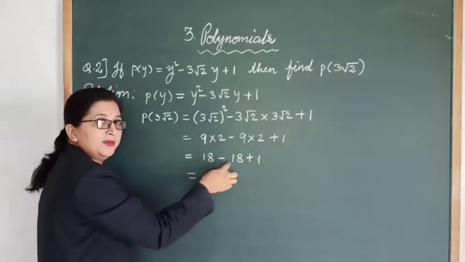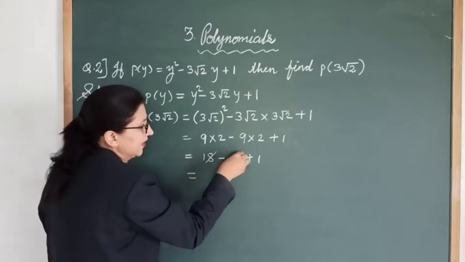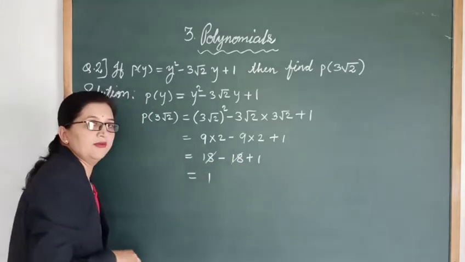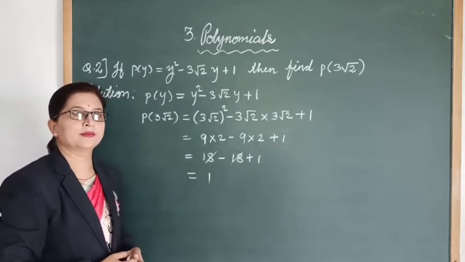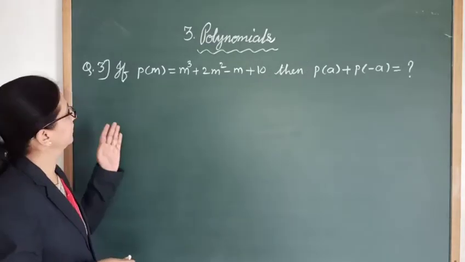Now 18 minus 18 is 0, so we get the answer of this polynomial as 1.